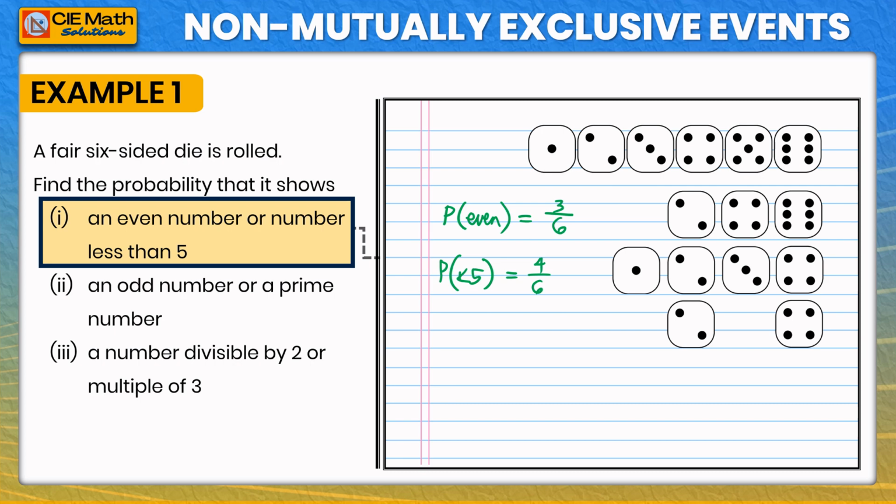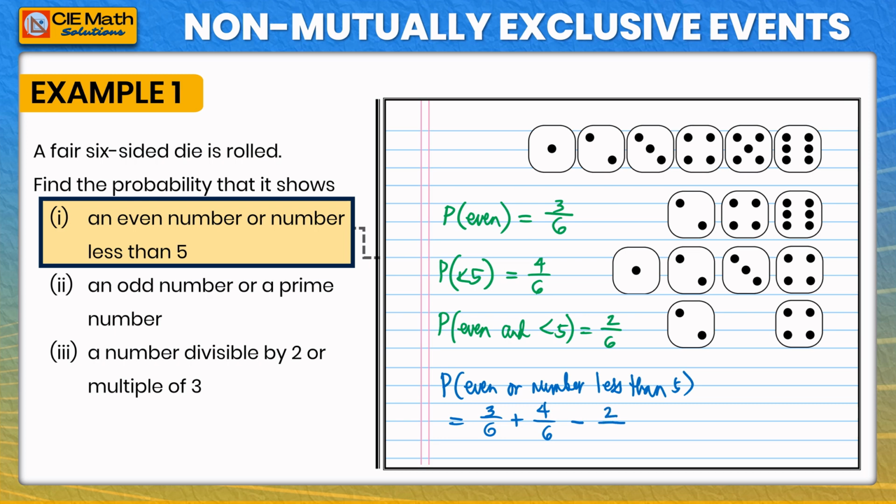So then, it means that the probability of even and less than 5 would be 2 and 4. That means 2 out of 6. If we are finding then the probability of even or a number less than 5, we will add the probability of an even, which is 3 over 6, plus the probability of a number less than 5, which is 4 over 6, but we need to subtract the common elements between them.